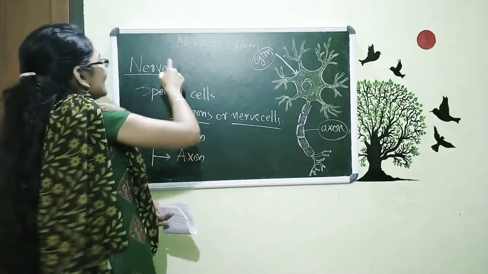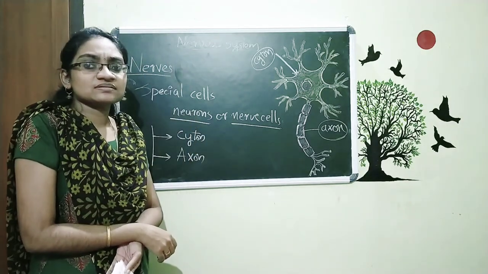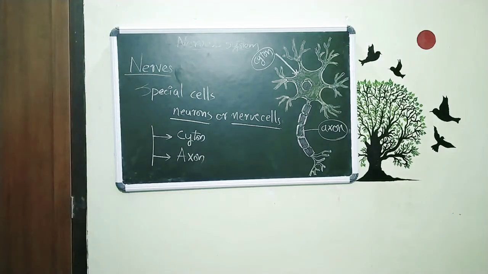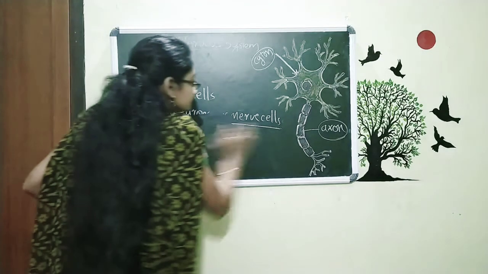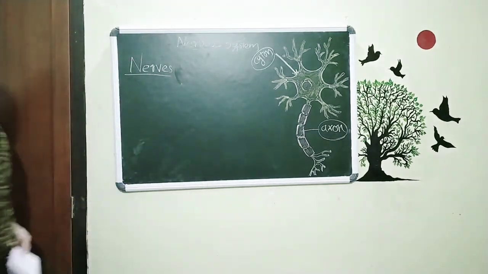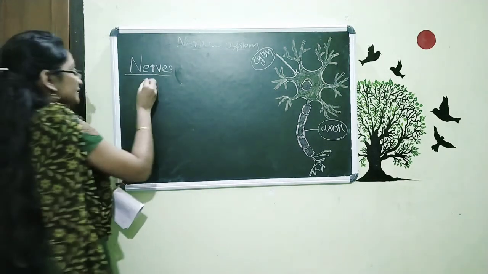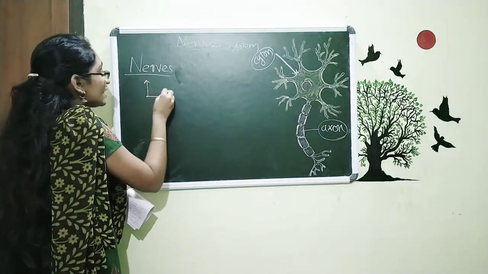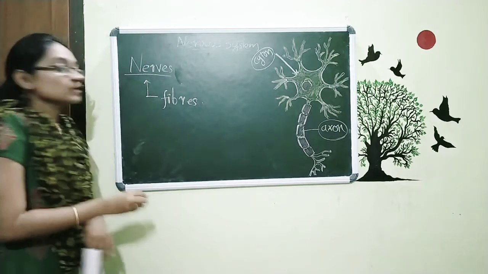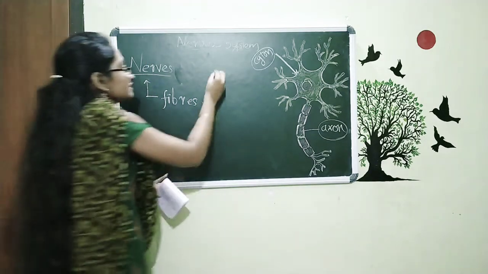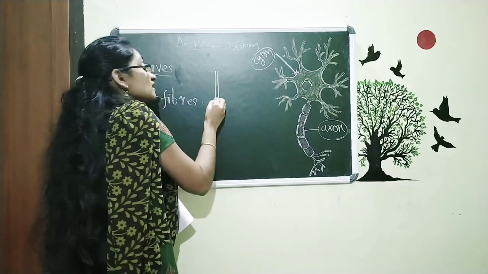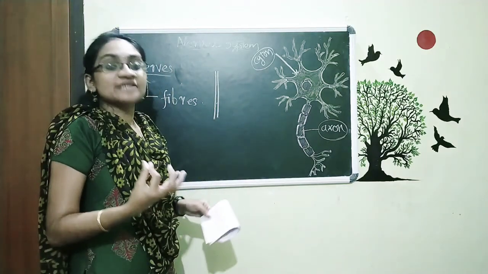Now the question is, what do nerves contain? Actually, nerves include a large number of fibers. When we are talking about a nerve, thousands of fibers are present.